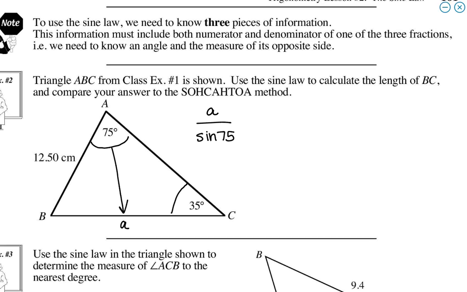So 35 goes with this guy. It's always the angle on the side across from it. So the way that I've written my formula, it's the side on top and then the sine of the angle underneath. So then 12.5 goes up top, and sine 35 goes on the bottom.